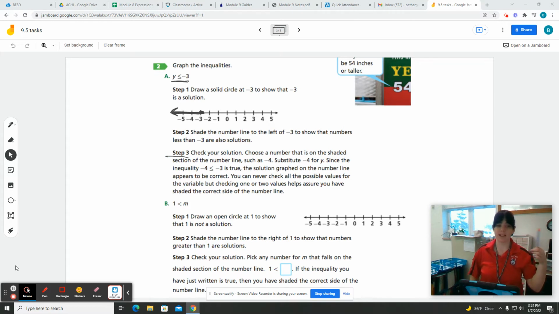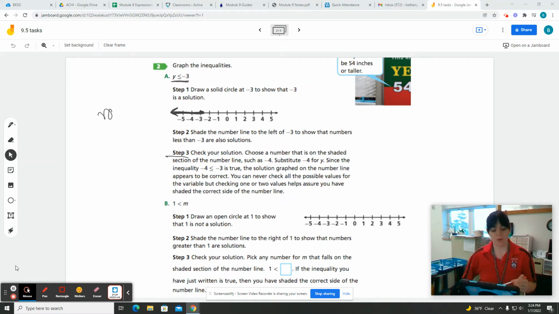If y is less than or equal to -3, think of a number that's less than -3. Would it be included on that side of the number line? You can substitute anything in for y that would be less than -3. I choose -15. Well, -15 would be somewhere way down here, which would make it true. That is the shaded side of the number line.